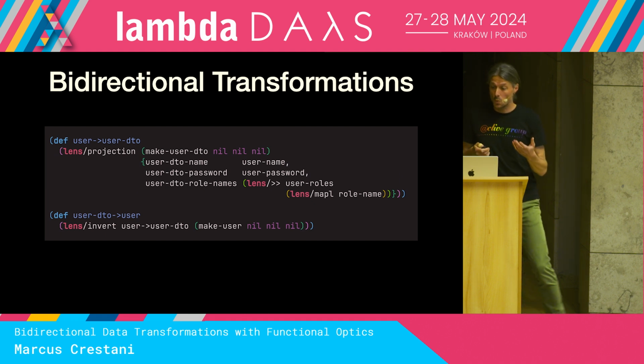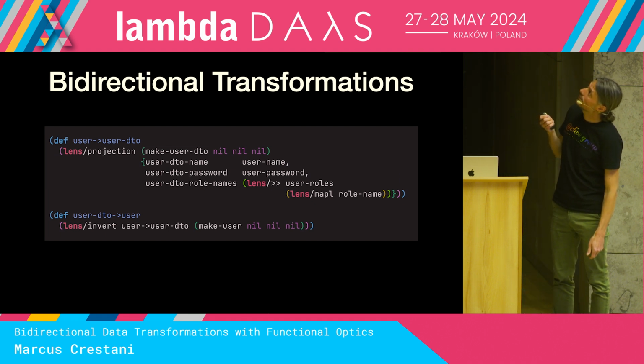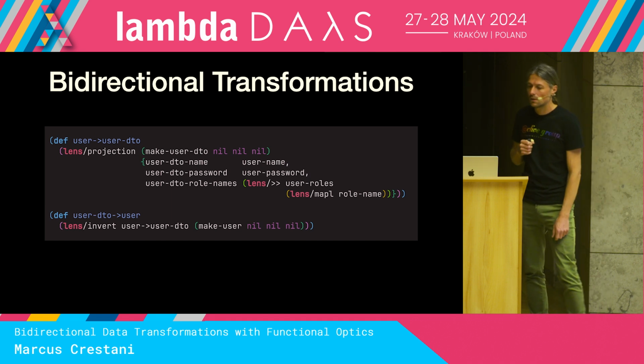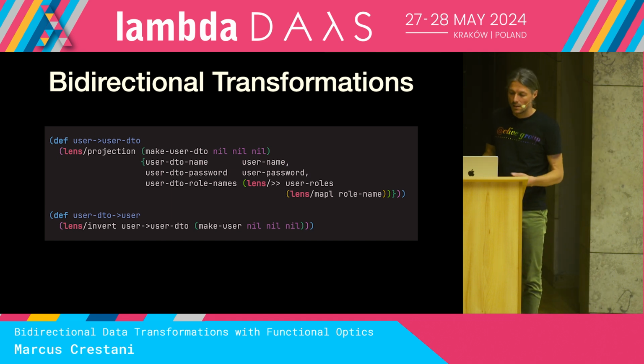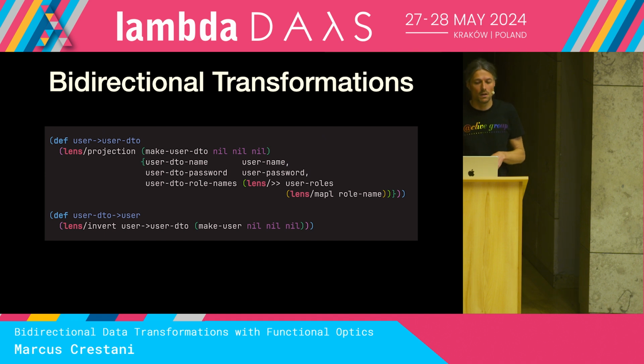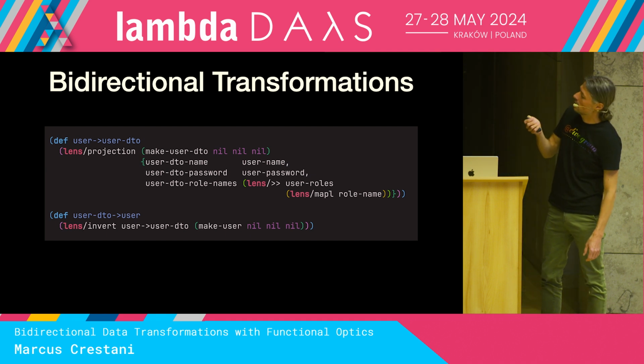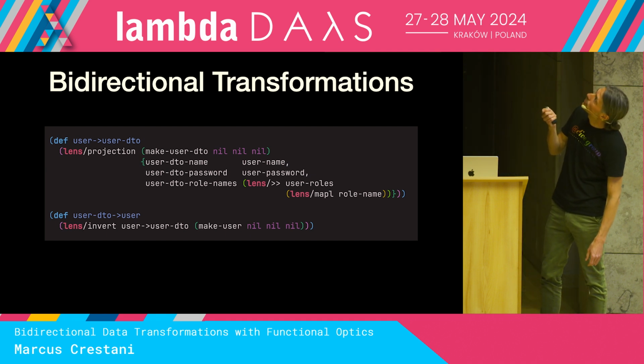And below, you can see how to define the other direction, how to define the dual. And the dual is just another lens combinator that inverts lenses. Lens algebra for the win. So you just have to invert the user to user DTO lens to get the user DTO to user lens.